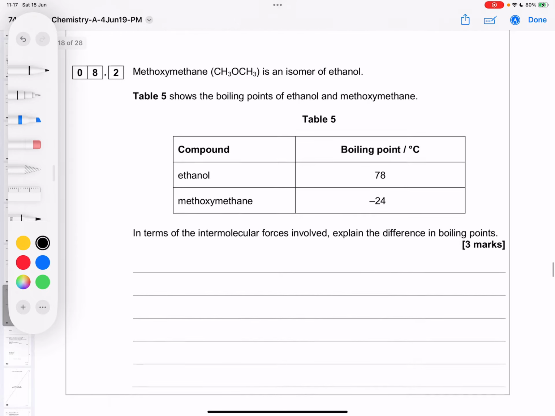Whereas, remember this is between the molecules, not in the molecule, between methoxymethane molecules, there are only permanent dipole-dipole forces.